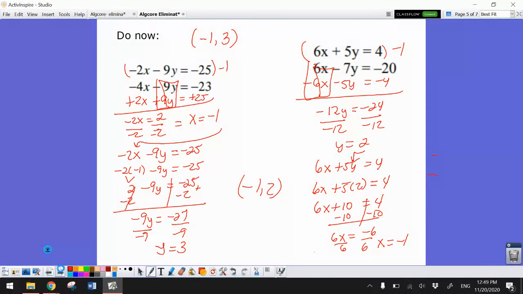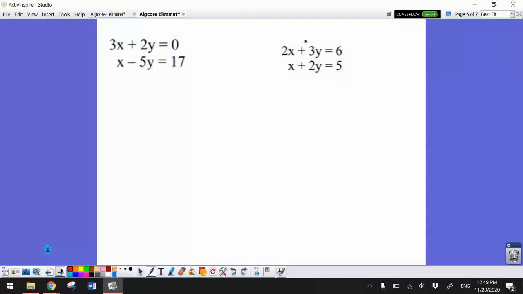All right, let's ramp it up a little bit, because I know you guys got this figured out. Let's take a look at these problems. So I don't even see the same numbers here, but I do see that there's a 1 here. So if this is a positive 3x, I know that to be able to get rid of this, I need a negative 3x.